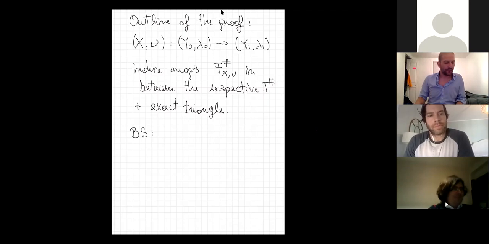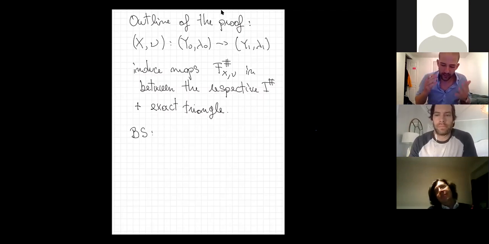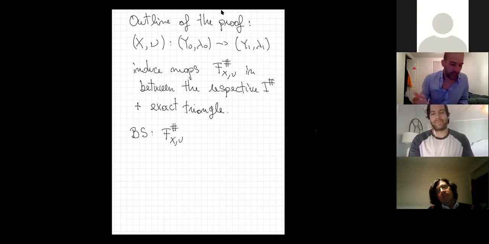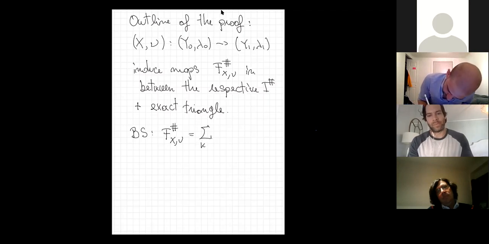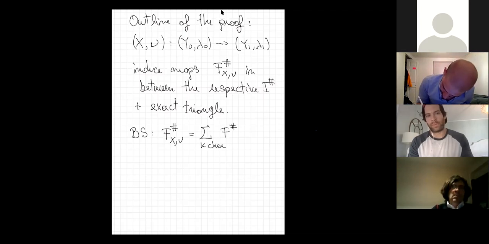Well, the point is that you can force them in, and Baldwin and Sivek proved that the maps associated to cobordisms split along characteristic vectors. If the cobordism is simply connected, you can think of this as spin C structures.